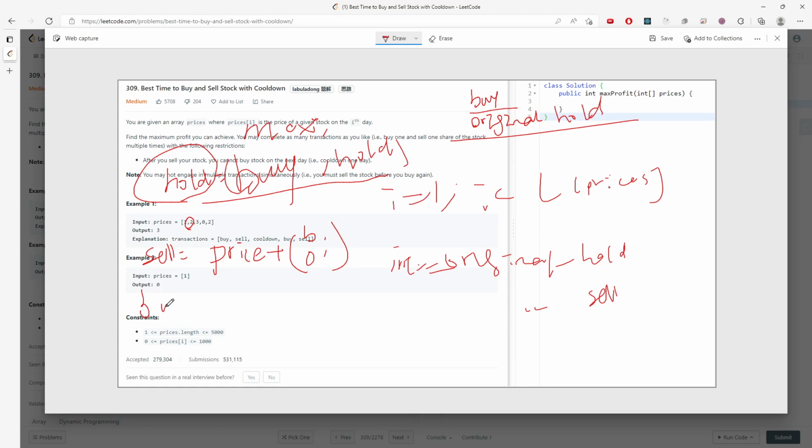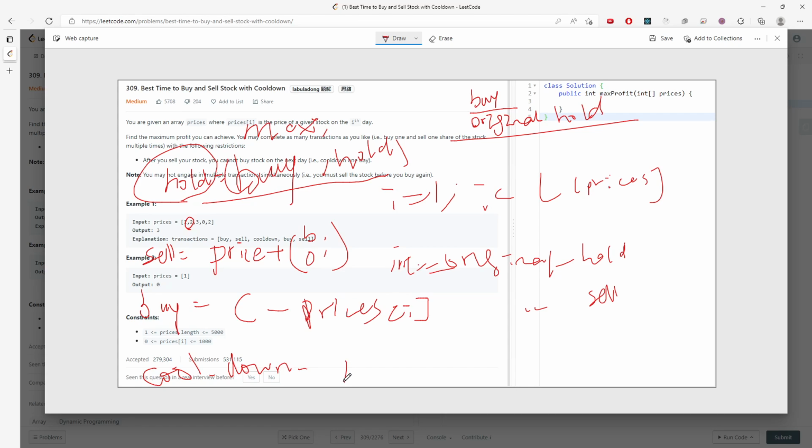And then the buy will be determined by the cooldown. So you say the cooldown minus the current price you want to buy, the current stock, so this is price at i. And then back to the cooldown: you need to find out the maximum cooldown profit so far.